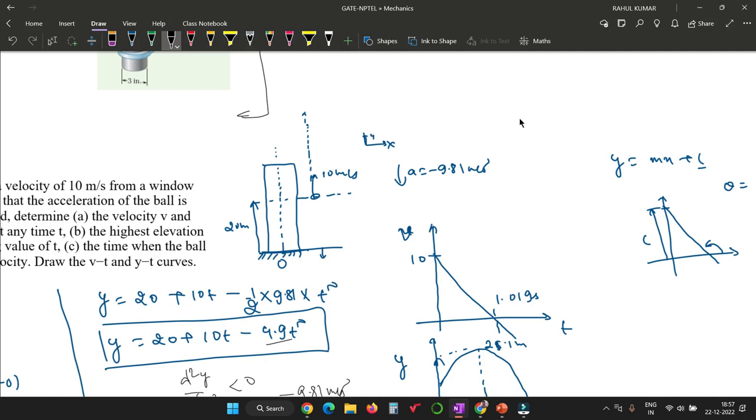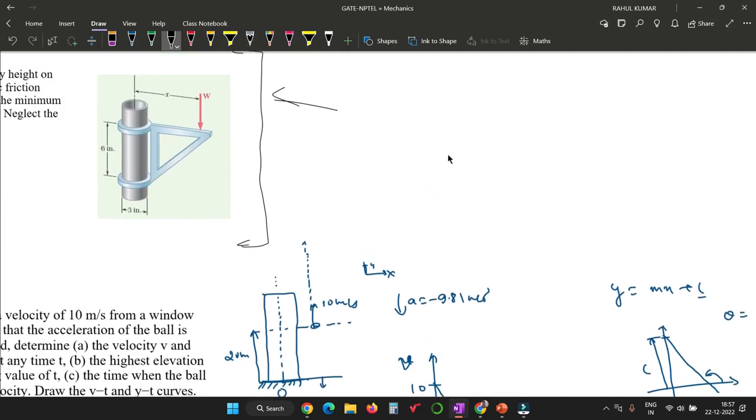Except suppose you are in some spaceship where there is no acceleration due to gravity, and you are throwing a ball in vertical direction where velocity is changing. In that case, you can take acceleration positive.